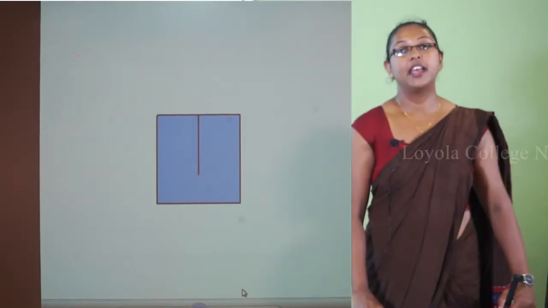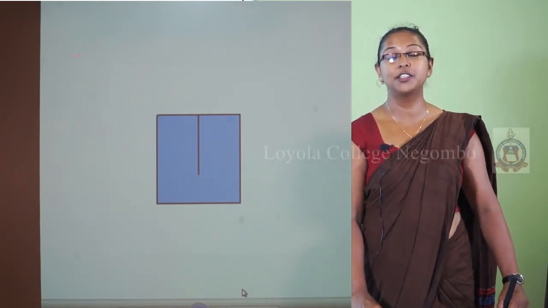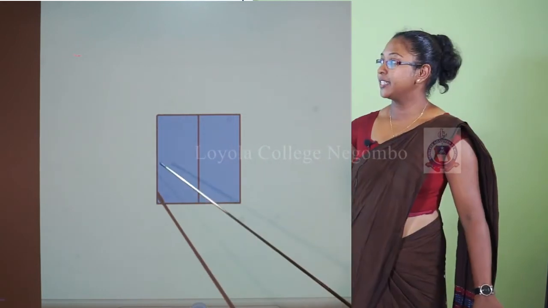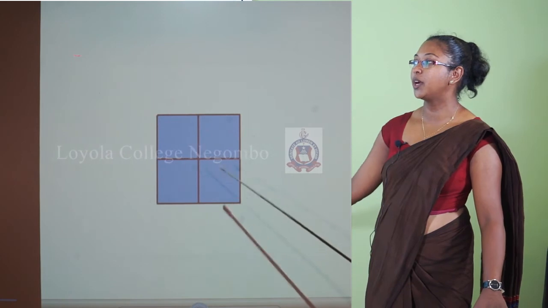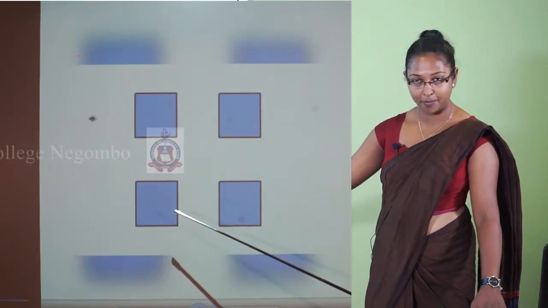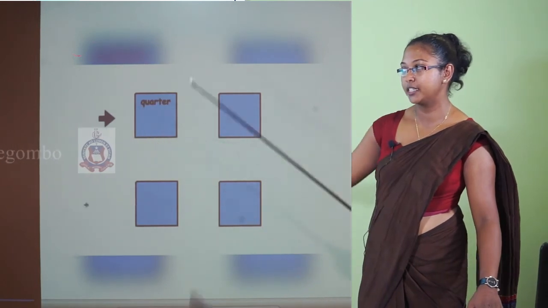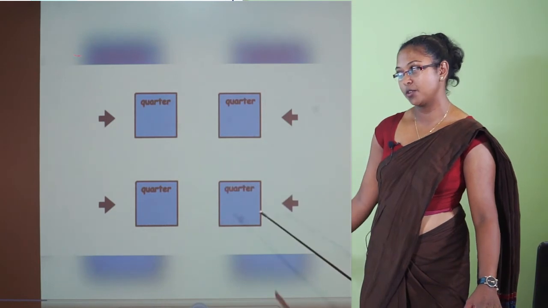Good. And now I will show you some more things to identify what a quarter is. Here see, it's divided into 4 equal parts. So with 4 equal parts, 1 part is called a quarter.